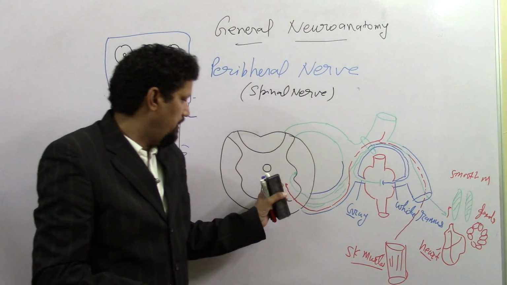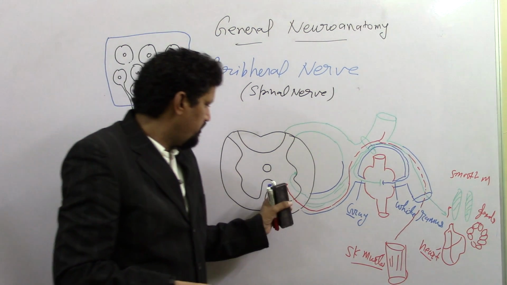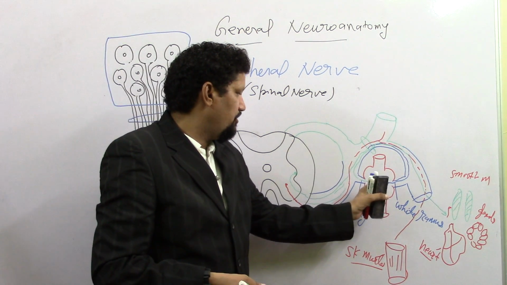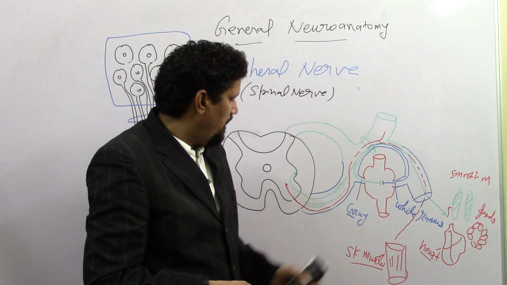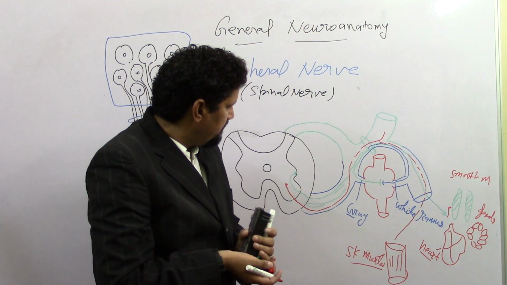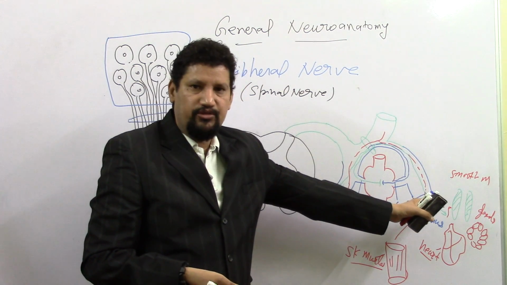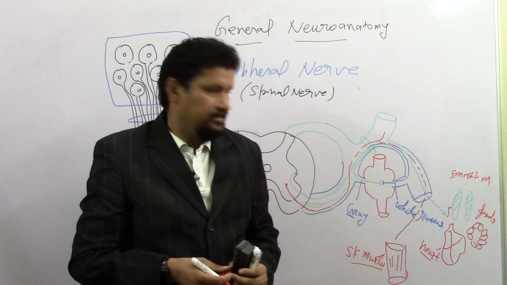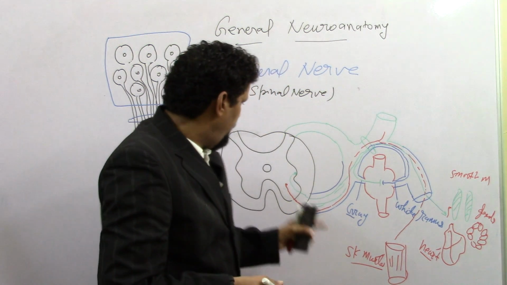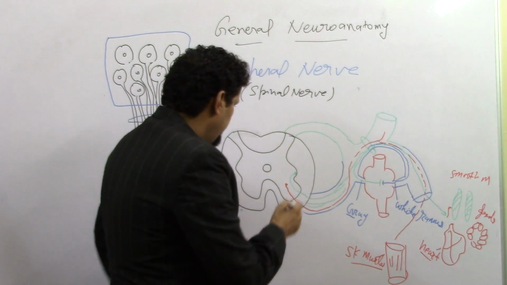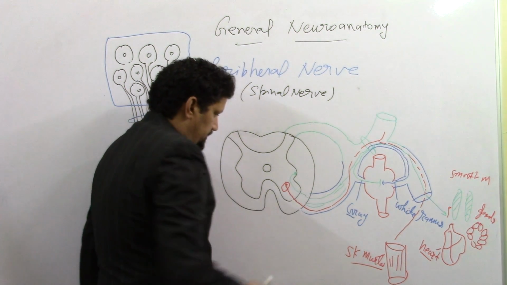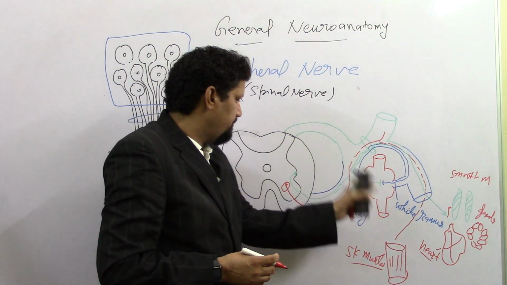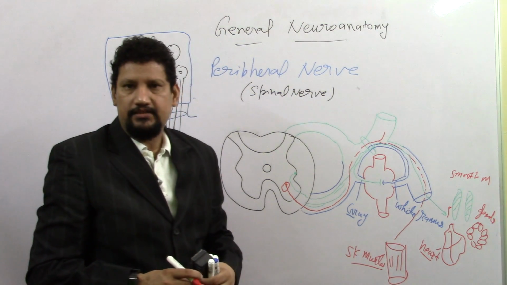The fibers taking origin from the lateral horn and relaying in the sympathetic ganglion, the postganglionic fiber arising from this sympathetic ganglion, will supply the smooth muscles, the cardiac muscles, muscles of blood vessels and glands. Fibers from these nuclei situated in the ventral horn of the gray matter will supply the skeletal muscles, tendons and joints.